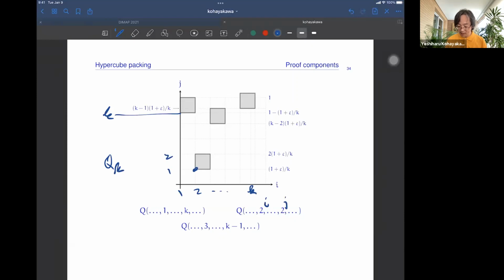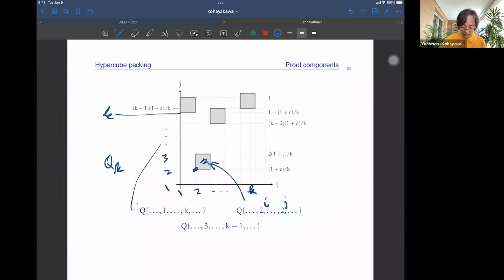So this cube I could denote by Q with 2 in coordinate I, 2 in coordinate J, and so on, because it has this base point 2, 2. On the left is 1, 2, 3, and so on.